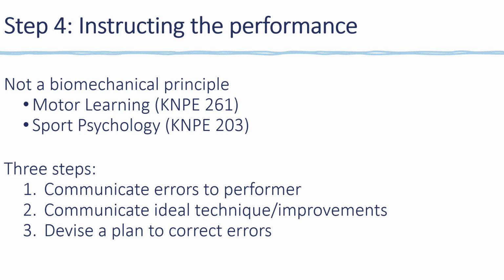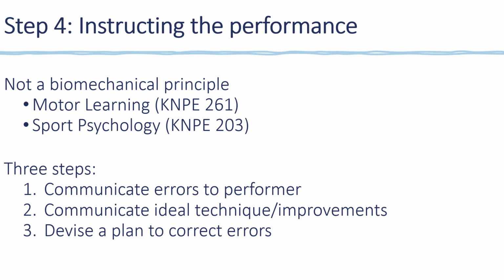Okay, the last step is to actually instruct the performer by correcting the errors or the deficiencies that you just identified in step 3. So this instruction is what most people think of as teaching or coaching. And the fundamentals of effective instruction are not necessarily biomechanical in nature. They're more motor control and sports psychology related.